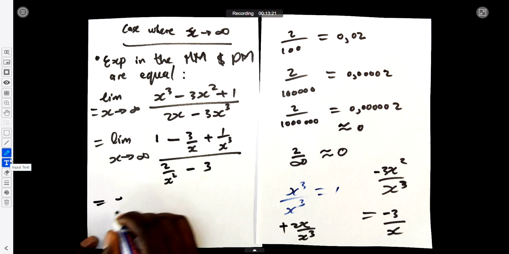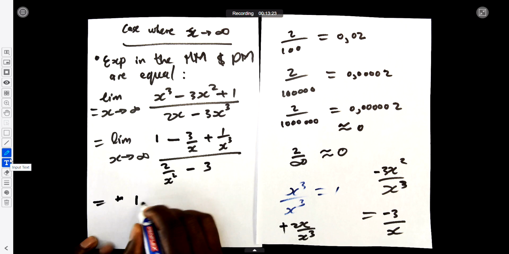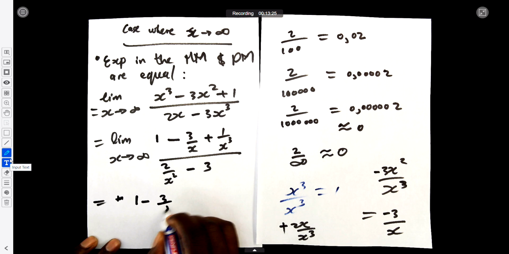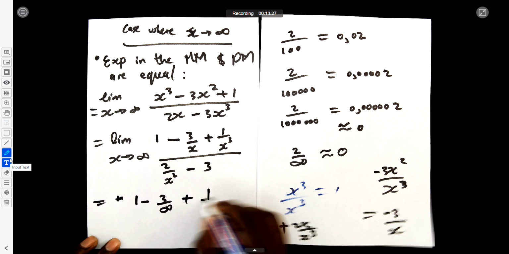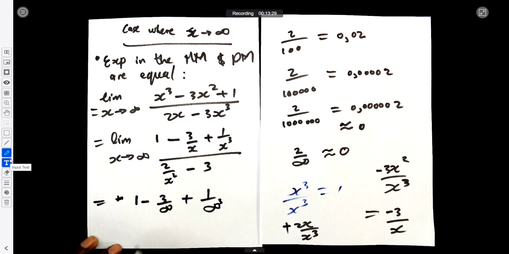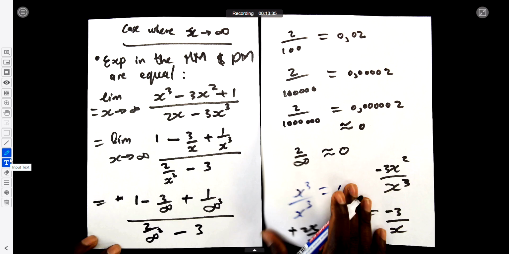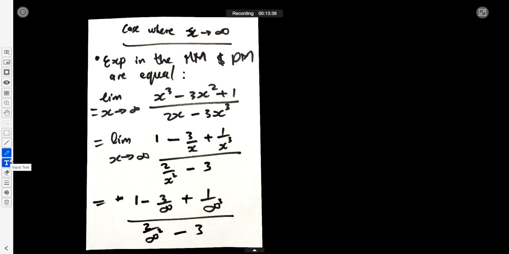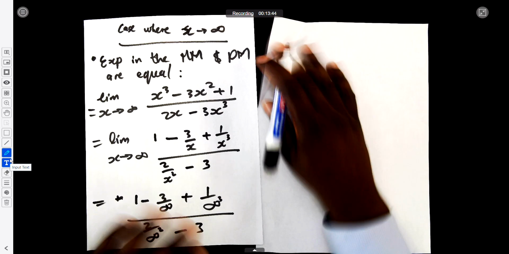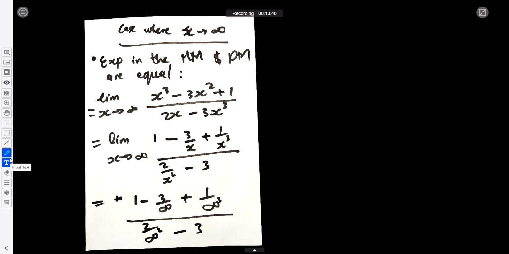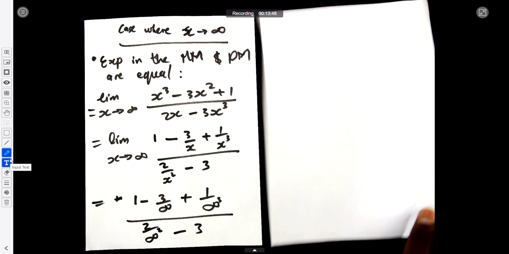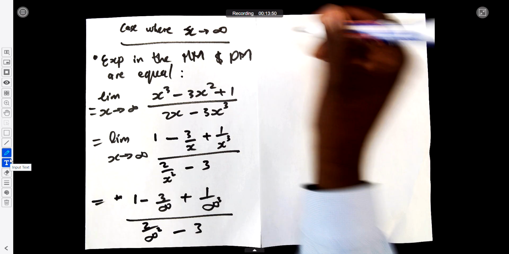So now substituting the value of x, we'll have 1 minus 3 over infinity plus 1 over infinity to the power of 3, and then 2 over infinity squared, minus 3. So now we'll need to find the final answer.